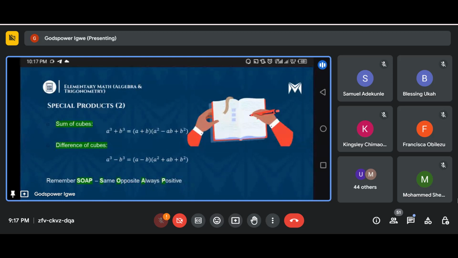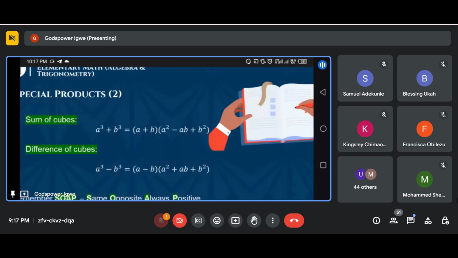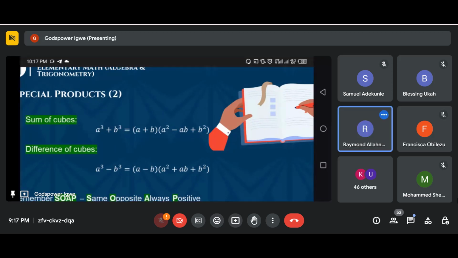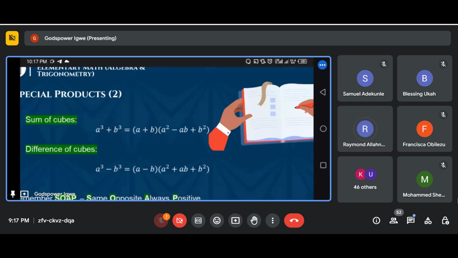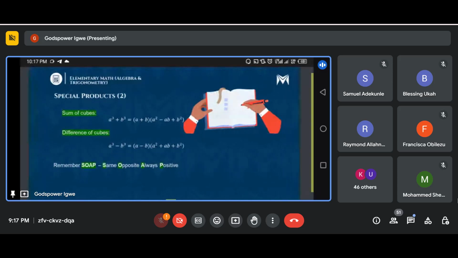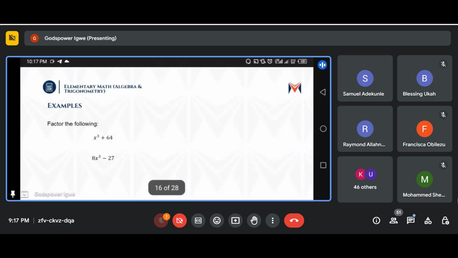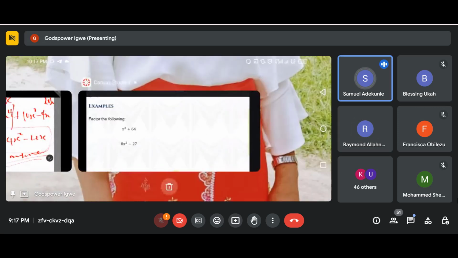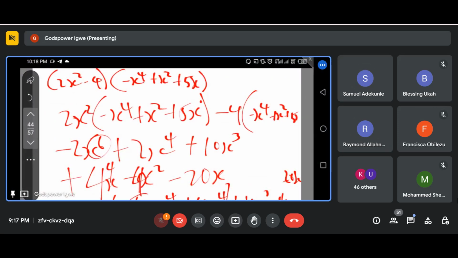Remember this: a plus b times a squared minus ab plus b squared. And then if you have minus, it's going to be a minus b, then you have a squared plus ab. All right. Somebody give me these questions. I want us to do this particular part: x cube plus 64.